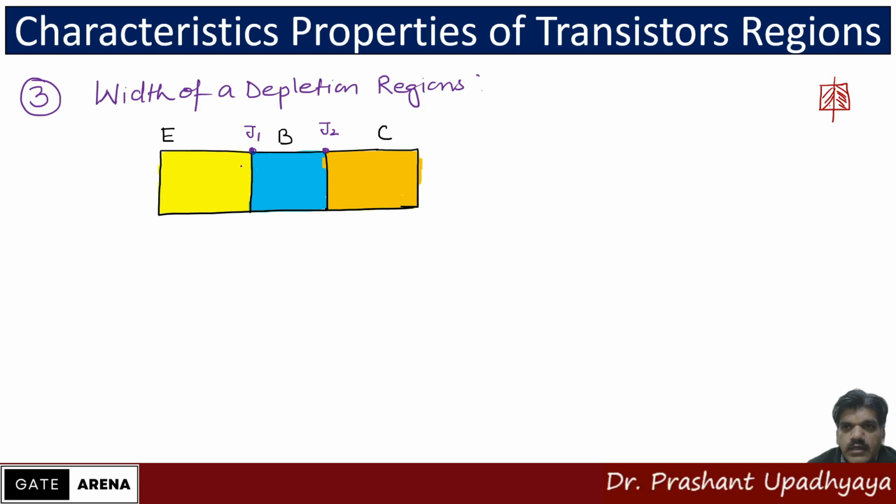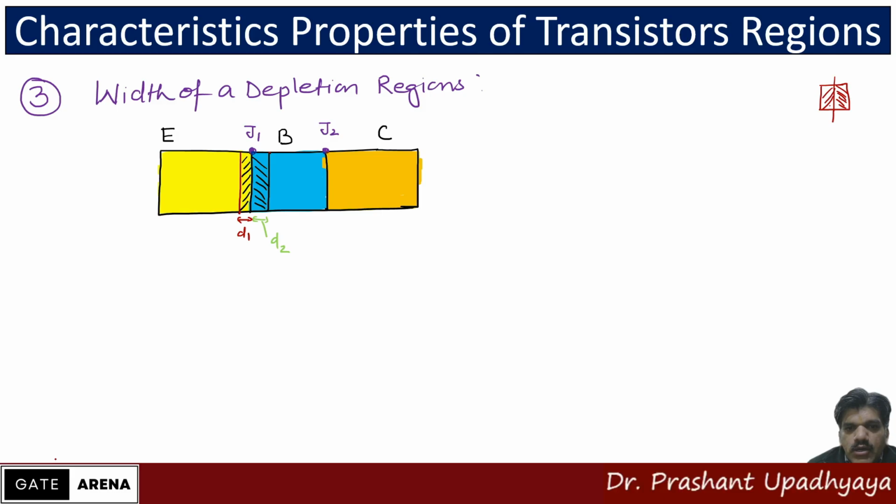This is my junction number one, so here also we will be having a depletion layer. One is here and another one is here. I'm writing this depletion layer as D1 and this is my depletion layer D2.